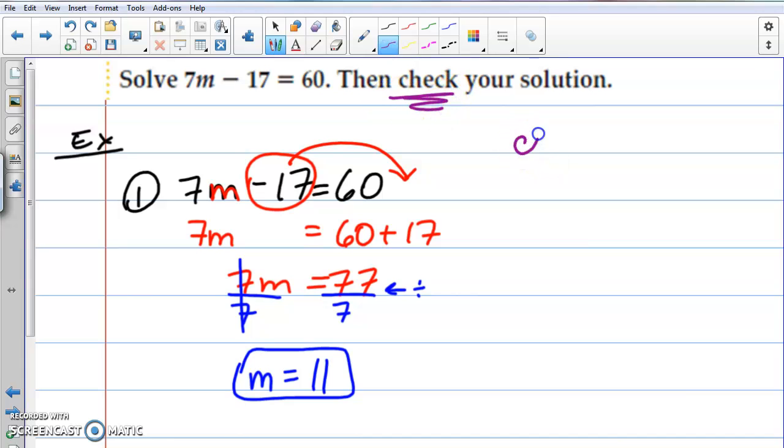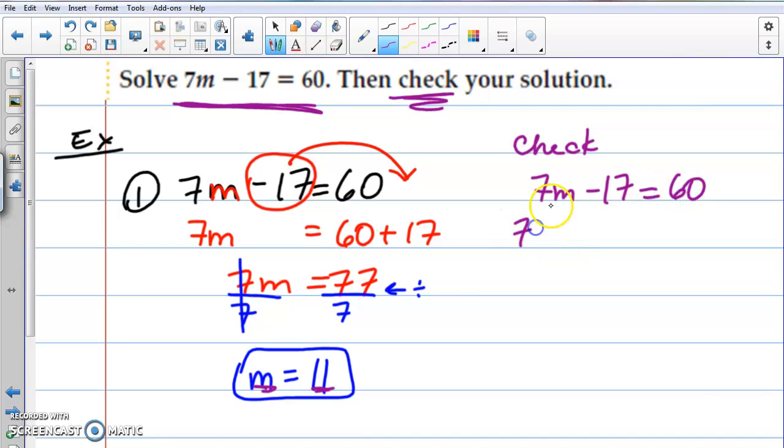Now we are asked to perform a check. So real quickly, we'll just remember from our last video, check means we're going to replace m with 11 in the original equation. So it was 7m minus 17 equals 60. So now we're going to say 7 times m. We said m was 11.